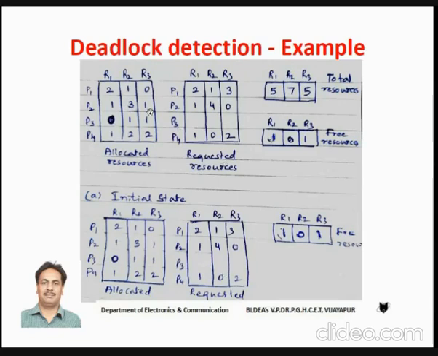What we do is first we note down the allocated resources, requested resources, and initial set of free resources. With the available resources, we will check whether any of the processes will be able to complete its execution. If so, we complete that process and we add up the resources which are released by that particular process to the available resources. Then once again, we check for the next process whether it is possible to satisfy its request.